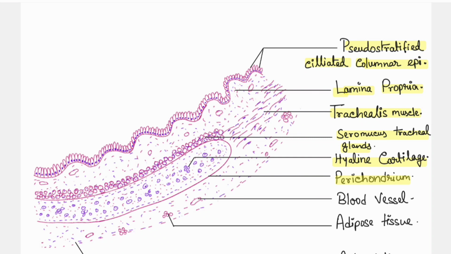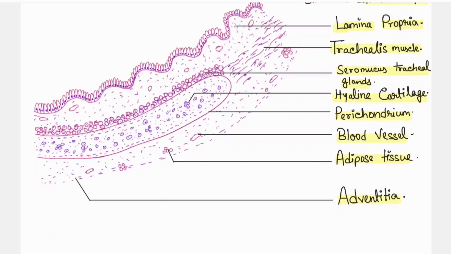The outer covering is the perichondrium. Here are the blood vessels and some adipose tissue, and this layer is the adventitial layer. So we can get a clear idea from this diagram.